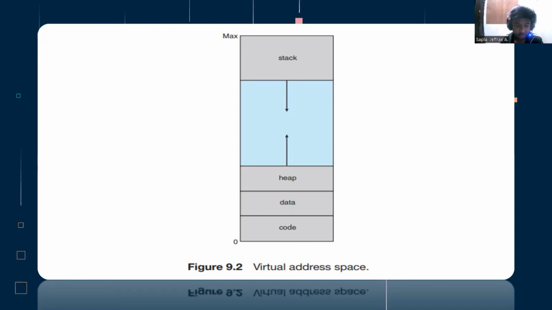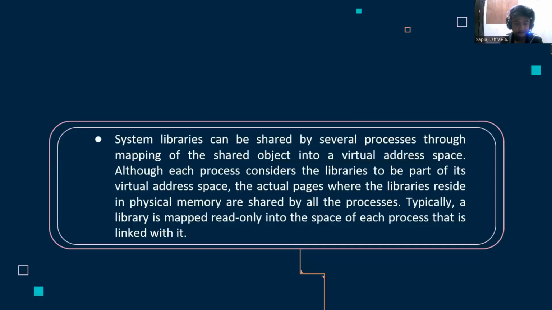In addition to separating logical memory from physical memory, virtual memory allows files and memory to be shared by two or more processes through page sharing. That is in section 8.5. This leads to the following benefits.